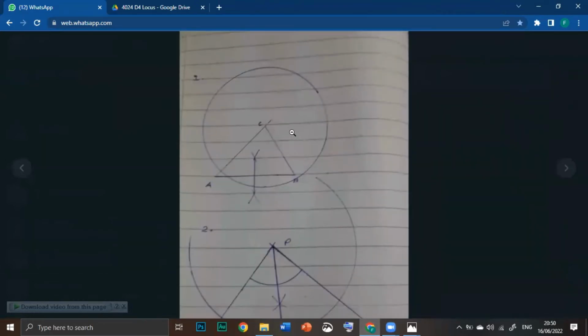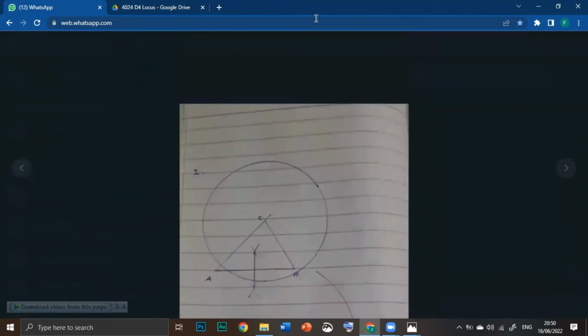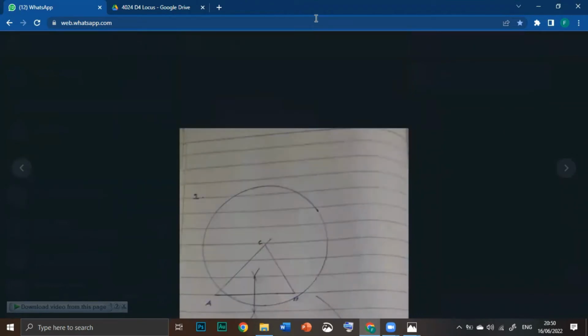This one is question number 1. ABC is drawn already. The perpendicular bisector is drawn and the circle is also drawn.